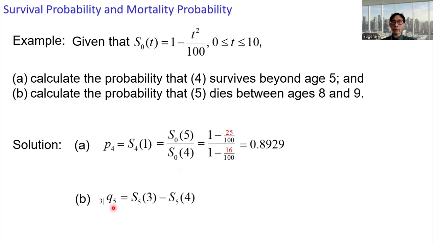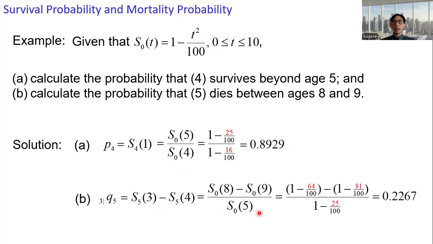In terms of the survival function, S5 of 3 minus S5 of 4. And then written in terms of S0, we get S0 of 8 minus S0 of 9, over S0 of 5. Upon substitution, we get the corresponding probability, 0.2267.